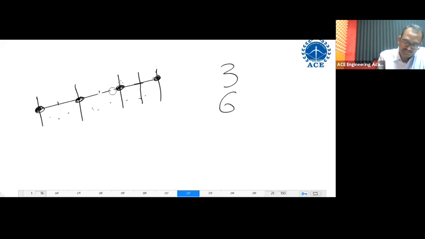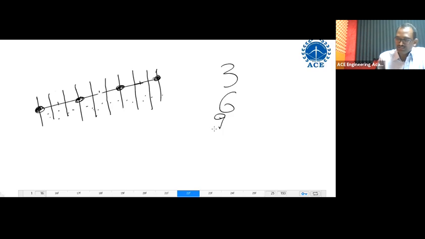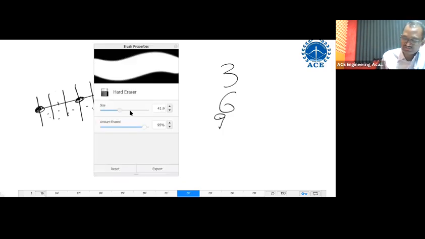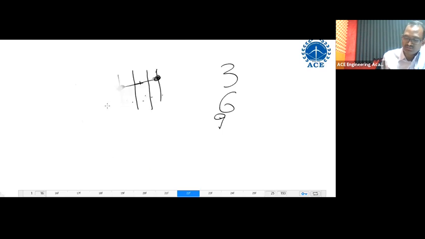If you want to increase the number of subintervals further, split each interval into 2 equal subintervals. How many? 4, 5, 6, 7, 8, 9. So the required number of subintervals must be 3, 6, 9, 12, 15, and so on.